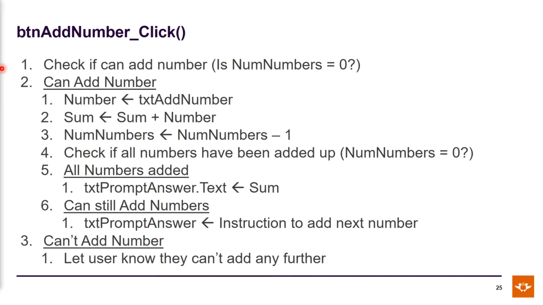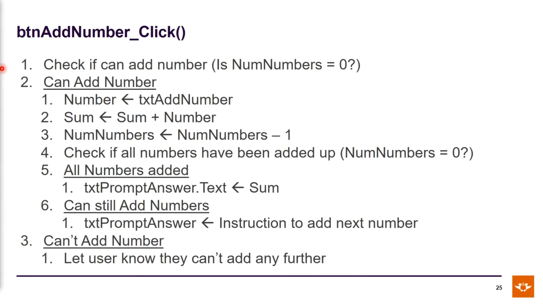Okay, so for the benefit of the online people, let's do the following. What we're saying is that with this algorithm, we want to check whether or not we can still add a number to our sum, because the whole point of the second button is the user specifies a value in the second text box and says add this number to my sum.